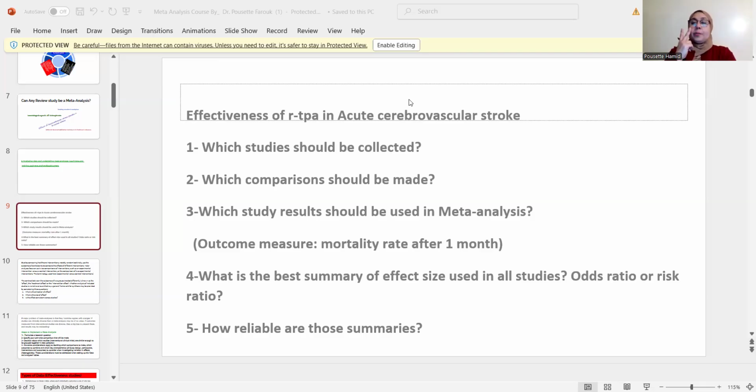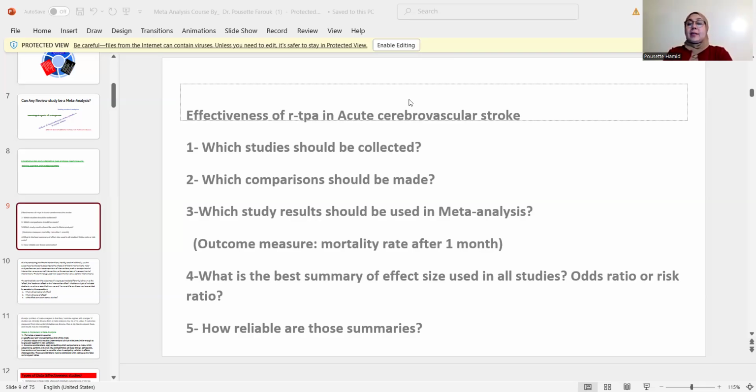The comparison should be made between both groups in survival rate or mortality rate, or need for ICU admission, or need for mechanical ventilation, or days of hospitalization, or functional improvement, functional recovery, reperfusion hemorrhage, safety profile, efficacy profile, or whatever.